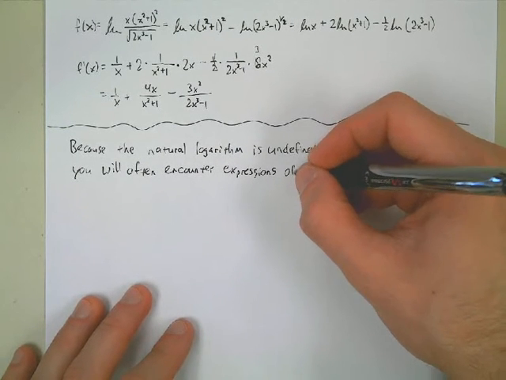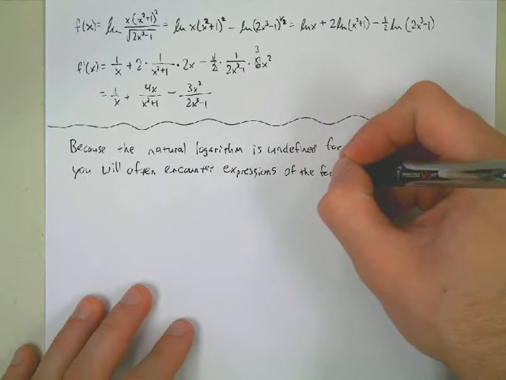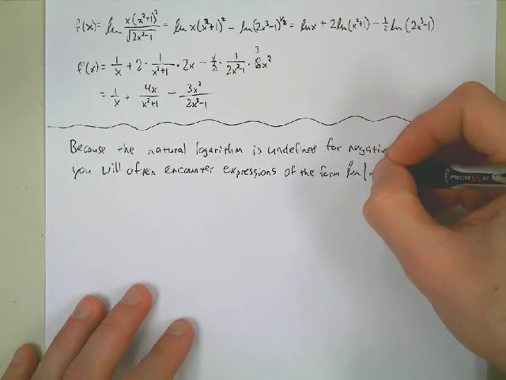You see the absolute values in there. The idea being that since we can't take the natural log of negative numbers, we put absolute values in there.